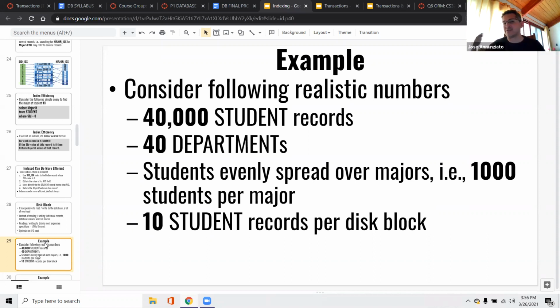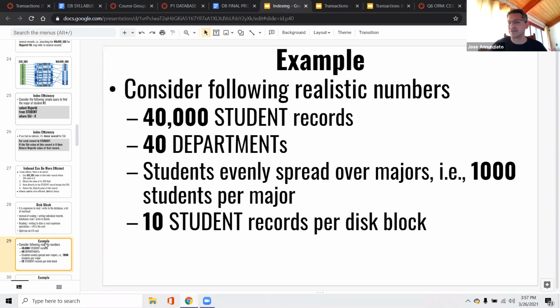That's how many times we have to go out to the file system to do a full scan of the table. We go out once, we bring in 10 records. Then we go again, we bring another 10 records. So it would take us 4,000 times to go out to the file system to read in all 40,000 records. So that's the number to beat, 4,000 reads.